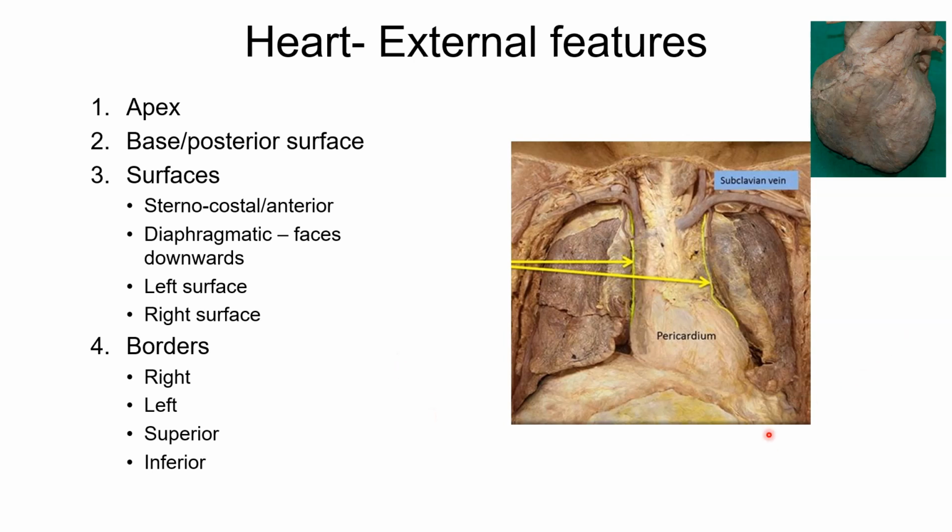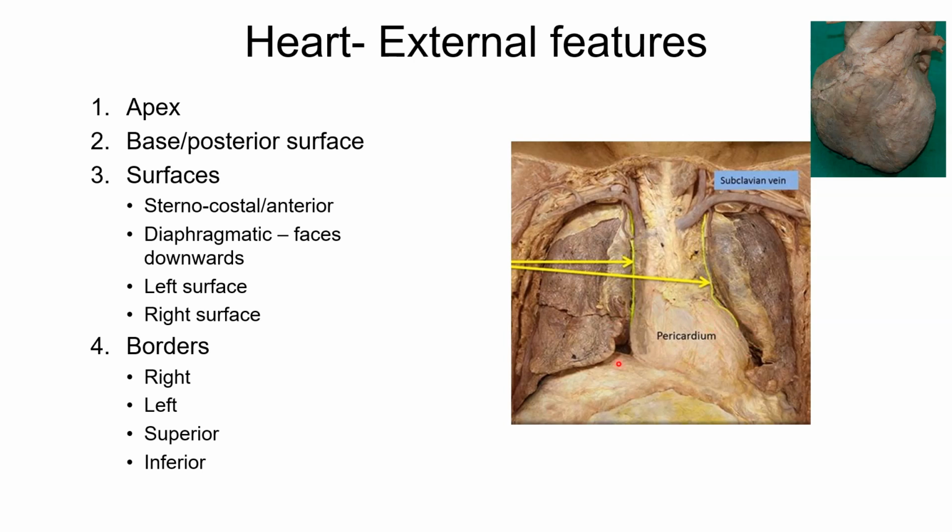In this picture, you can see that this is the apex of the heart, which can be seen from the anterior view. For seeing the base of the heart, it has to be turned back. The surfaces which you are seeing here are the sterno-costal or anterior surface, and this is the diaphragmatic surface that is facing downwards, the left surface, the right surface.